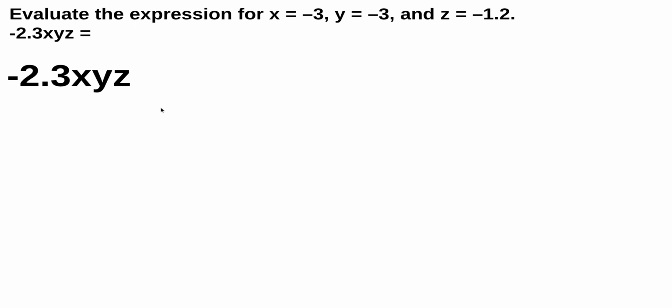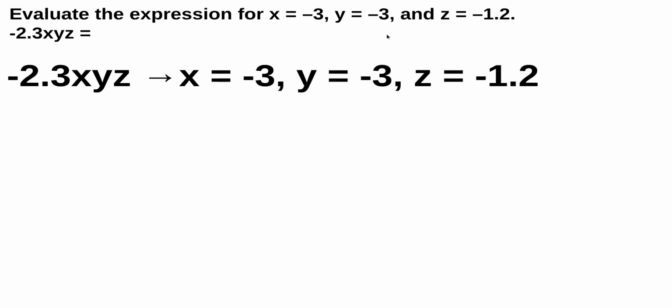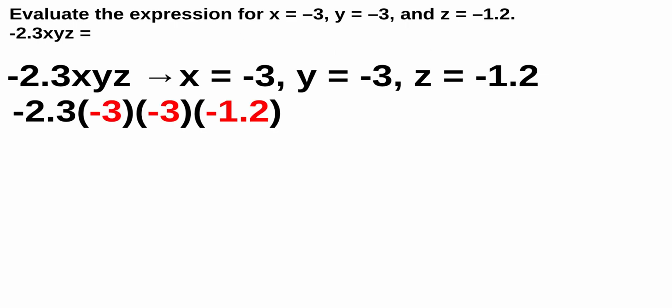When we evaluate this kind of expression, we want to take the values of x, y, and z. In this case, y is negative 3, and so is x. z is equal to negative 1.2. So we can take each value that we're given and substitute it into the expression. This is what we call the substitution property.